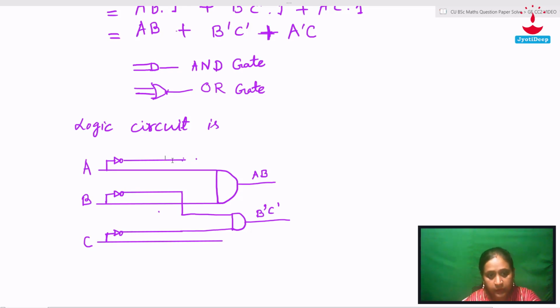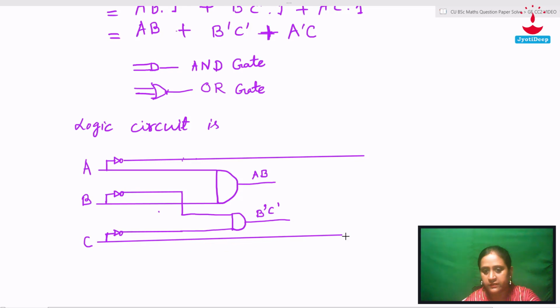We can take this line as far as possible, like this. This is A dash, and this is the line C that we can take further.